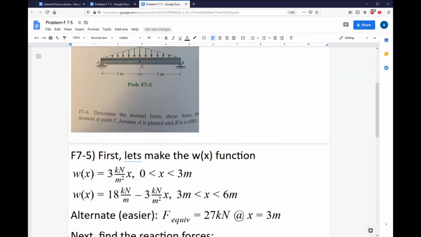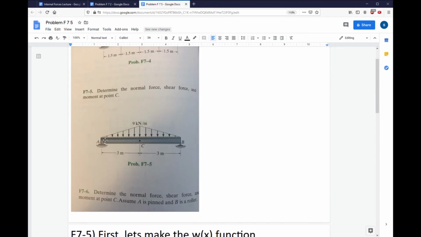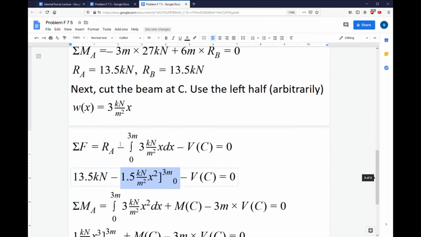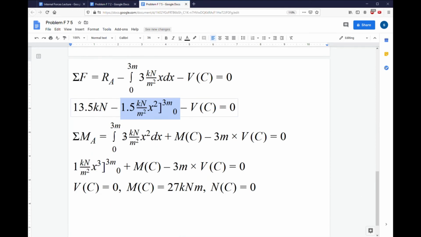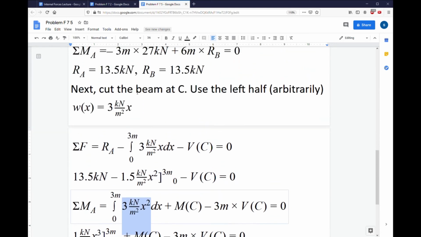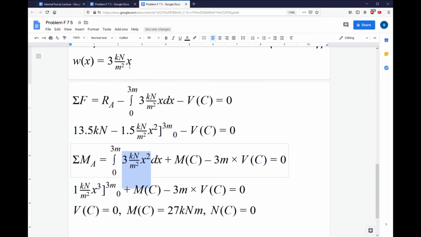Next, sum of moments. So again, I have selected to take my sum of moments about point A. So the reaction at A will not create any moment. The reaction due to the distributed force is the integral of x times w of x. So remember, w of x was 3 kilonewton per meter squared x. So x times w of x is 3 kilonewton per meter squared times x squared.